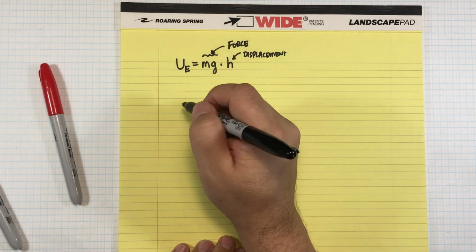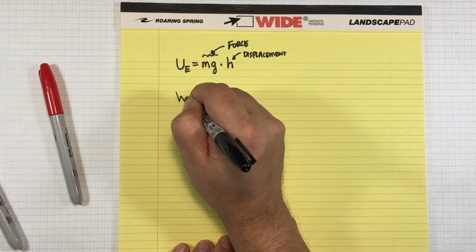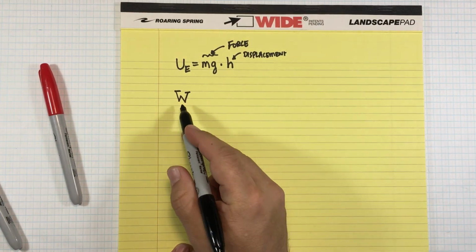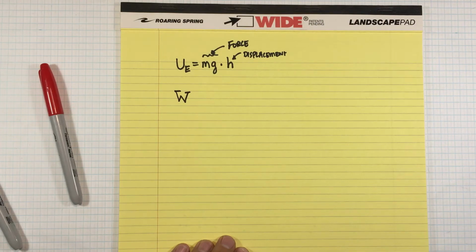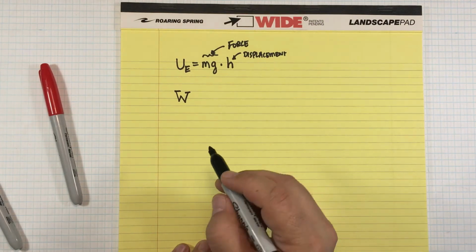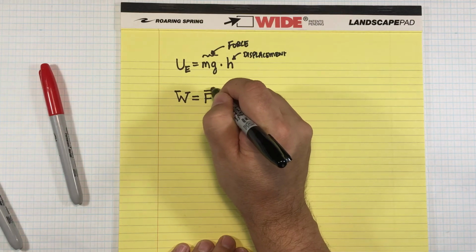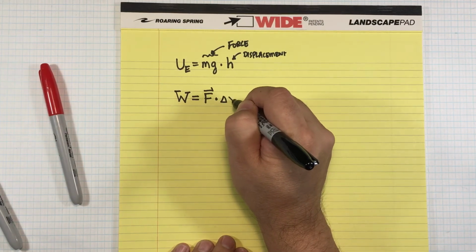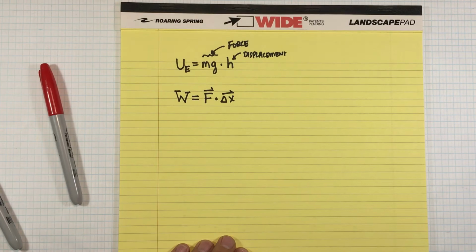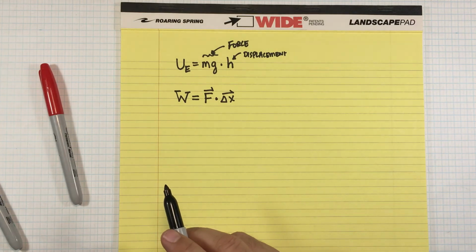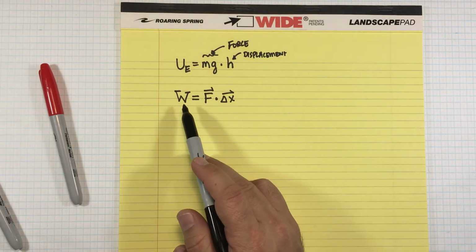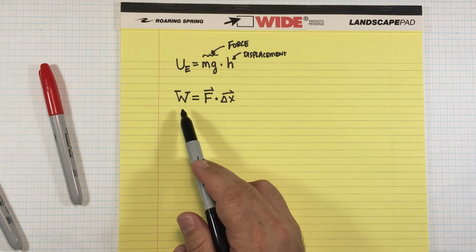And so the generic formula for work, which is a scalar, okay, so work, we'll give it the capital symbol W, it's a scalar. A scalar is defined by this vector multiplication that we call the dot product. Okay, and there's a mathematical operation for how to compute the dot product if you know some things about the vectors. But for our purposes, we're only ever going to want to know what is the scalar value of the work.